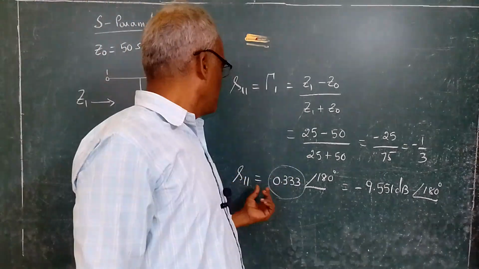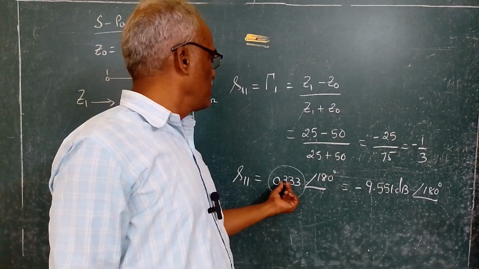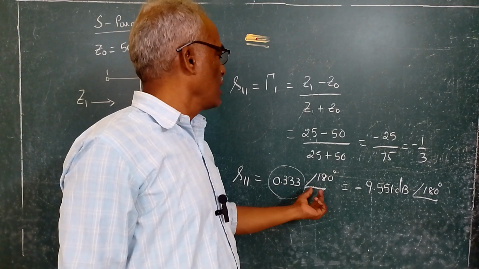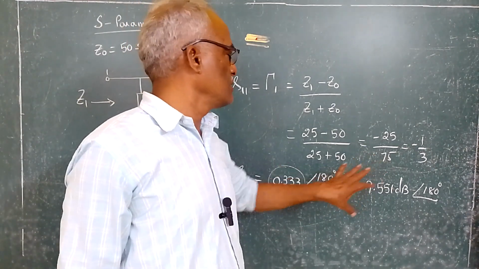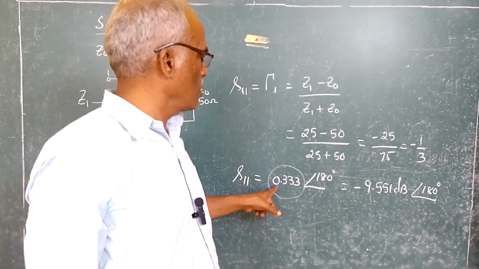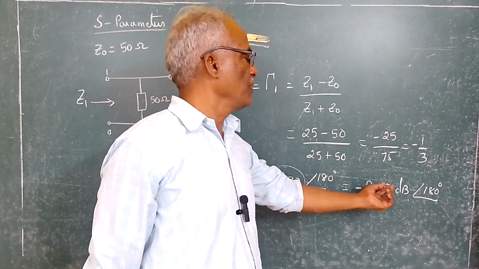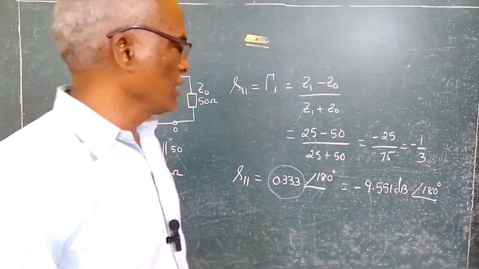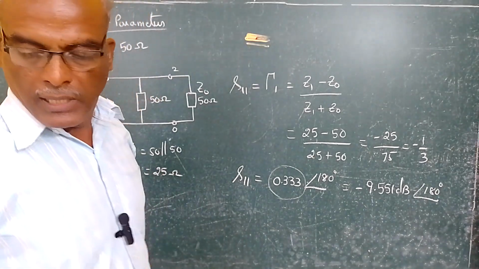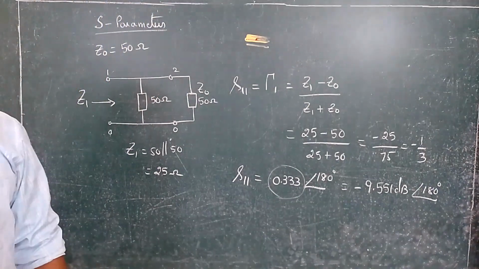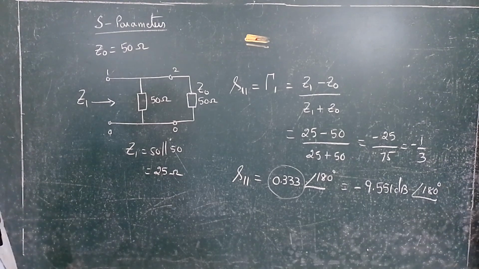So S11 is 0.333 angle 180 degrees. If you convert this into decibels, that is 20 log 0.333, you will get minus 9.551 dB. Angle is 180 degrees.